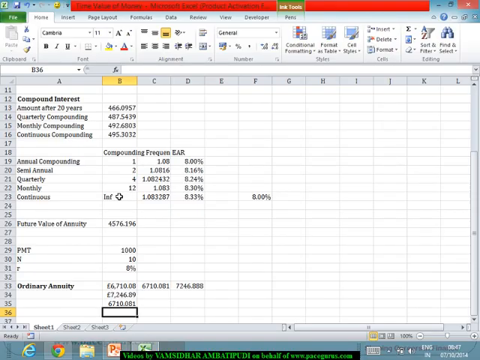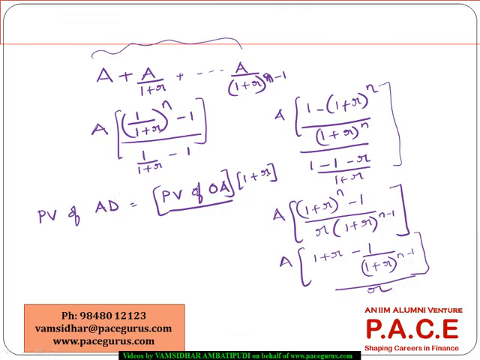The same logic holds true even if the compounding frequencies change. So if the compounding frequency is changing, I get the present value of ordinary annuity times (1 plus r by m) to the power m, right? So this is the kind of relationship between ordinary annuity and annuity due. That kind of clarity has to be there.